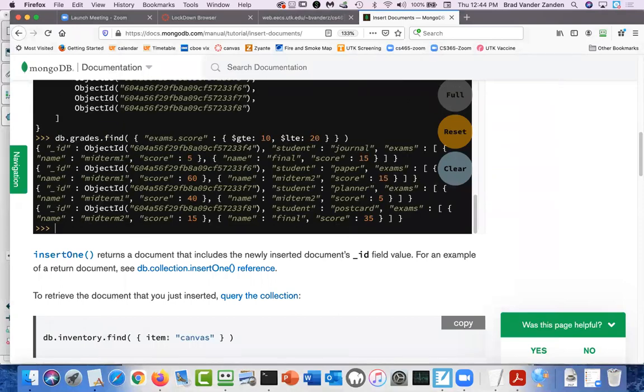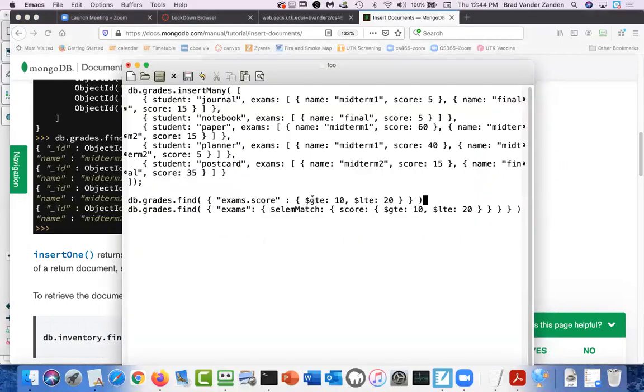And you'll see that unexpectedly, the student with no exam between 15 and 20 shows up. This student has an exam of 40 and an exam of 5, and they showed up in the result. And the reason is that this query right here does not do what you think it does.